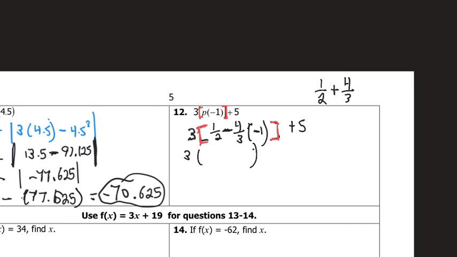That would be 3 plus 8 is 11 over 6, I think. Right? So we plug the 11 over 6 in there. And we have a plus 5 that we can't forget here on the outside. You end up with 11 over 2. That's what the first part is, with the 6 canceling with the 3, plus 5. And that gives me 21 over 2.